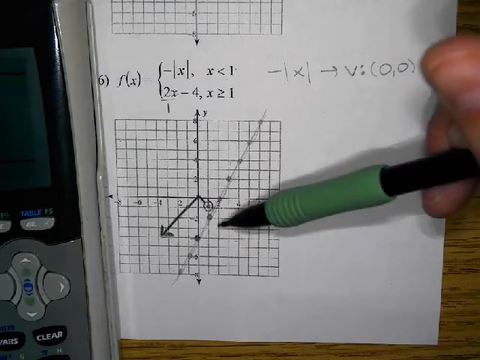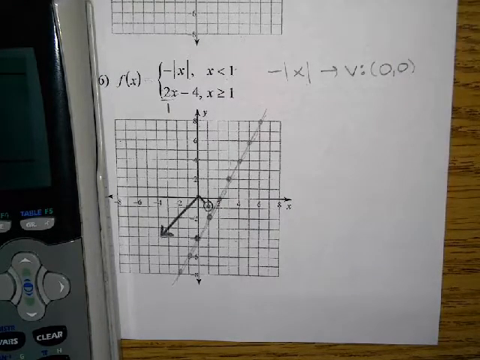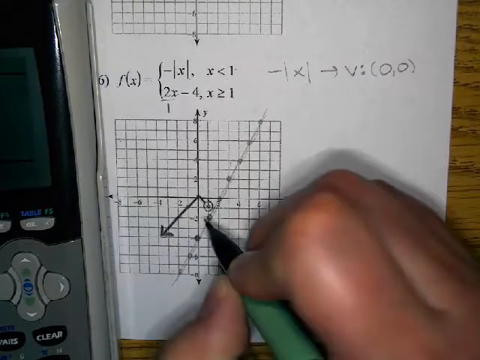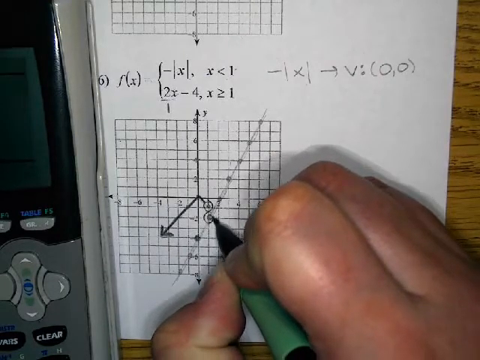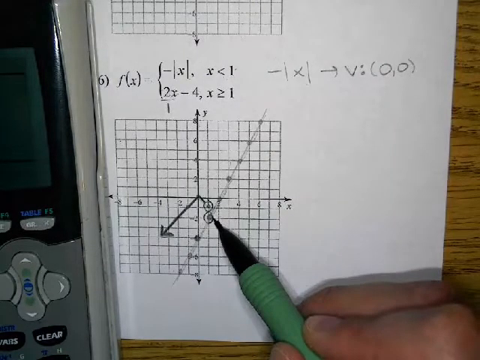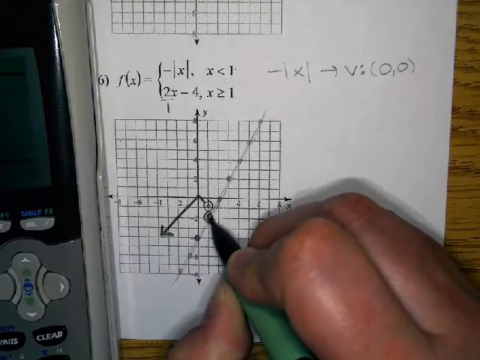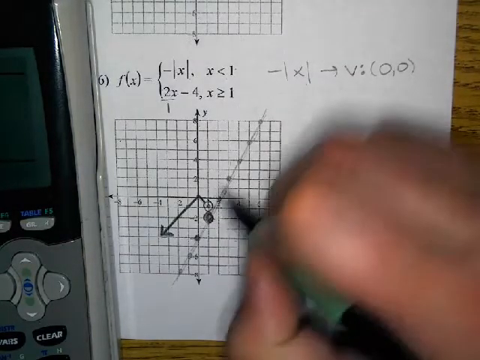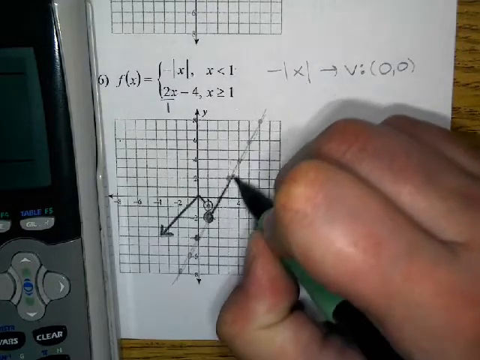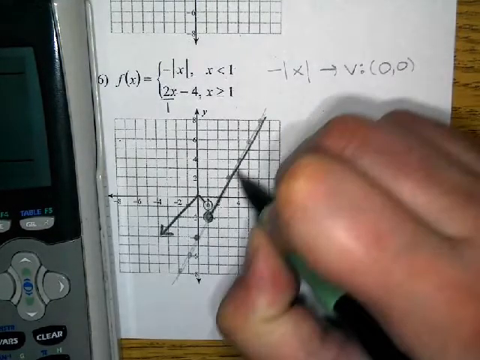And when I circle 1, do I fill it in or not fill it in? I fill it in. And then which part do I keep? I keep the right side. So I'm going to make this side dark, and then I'm going to erase the rest. Okay.